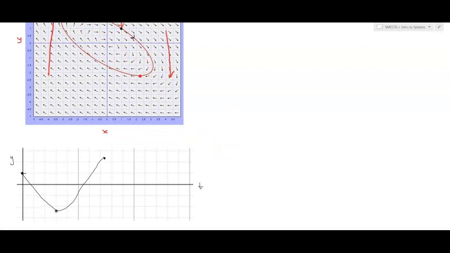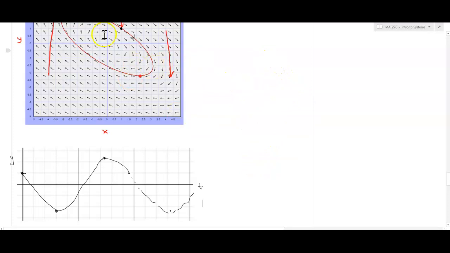So next we expect this graph to decay back down to 1. I don't know, again, how long this is going to take, so I'll just draw it there. And again, kind of a smooth curve takes us back down. And you can see that this is going to be periodic because now the same thing is going to happen. The function is going to decrease back down to -2 1/4, come back up, and so on and so forth. It's not necessarily going to be a perfect sine or cosine function, but it will be periodic.